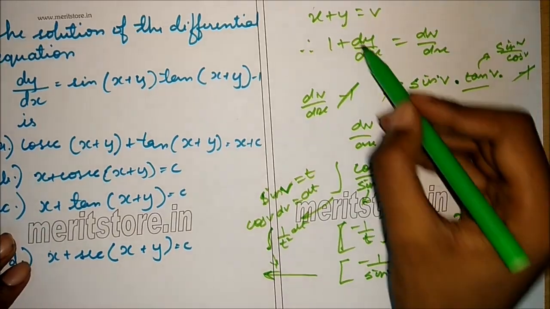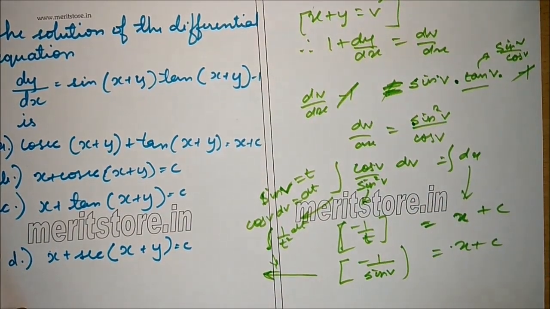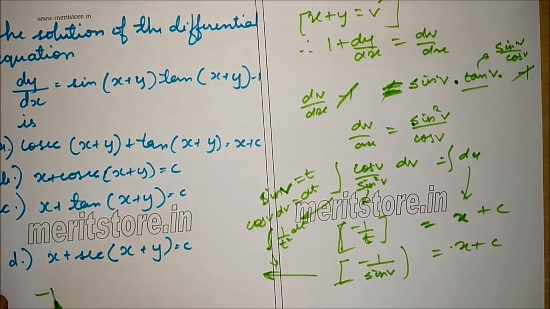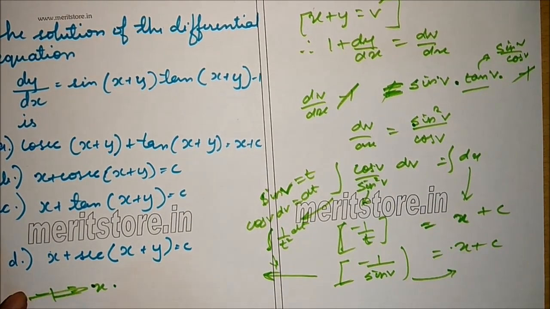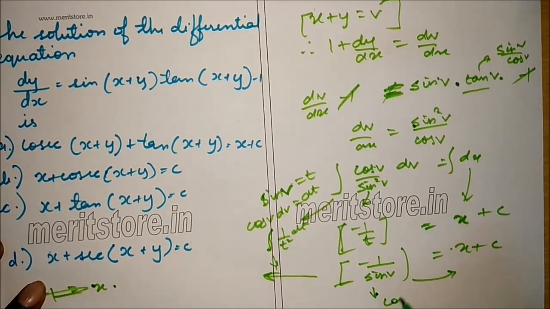So we resubstitute x plus y equals v and multiply it throughout by sine v. So we'll get minus 1 equals x, or we can bring this to RHS, and 1 by sine v is cosec v.